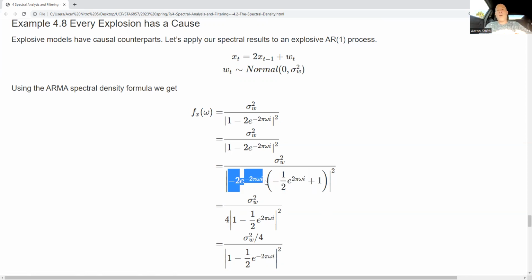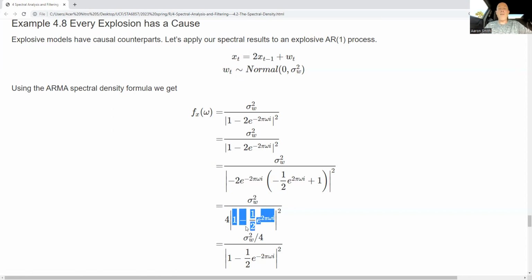Well, remember, the absolute value or the modulus of a product is the product of the absolute values. Okay, and so when I factor out the absolute value part across the absolute values and take the modulus, I'm just going to get a 4 right there. And the reason for the 4 is because there's a square. So now I have rewritten this in another presentation.